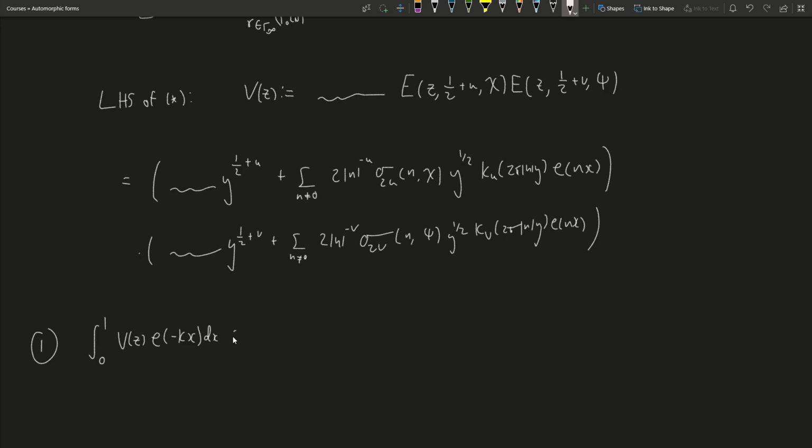And when you do this, you're going to get the stuff from the first two things where you take one of the constant terms, so I'm going to just write a squiggle for that. And then you have 4 times the sum over n not equal to 0 or k of sigma 2u n chi sigma 2v n minus k.